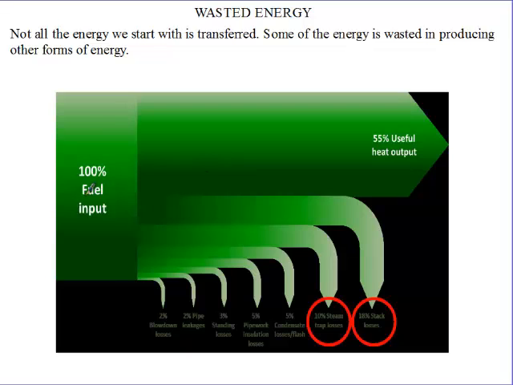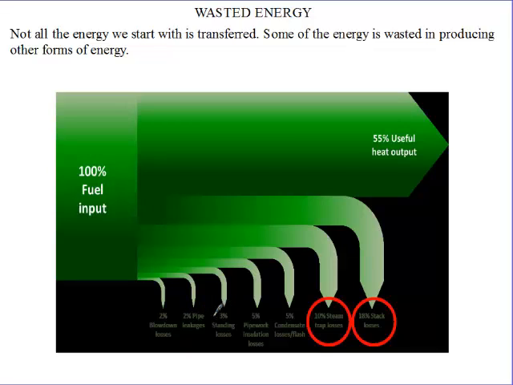Over here, we put 100% fuel into this machine. Along the way, 2% will be lost in blowdown losses. A further 2% will be lost in leakages. So as we put the fuel in there, not all the fuel is being used.